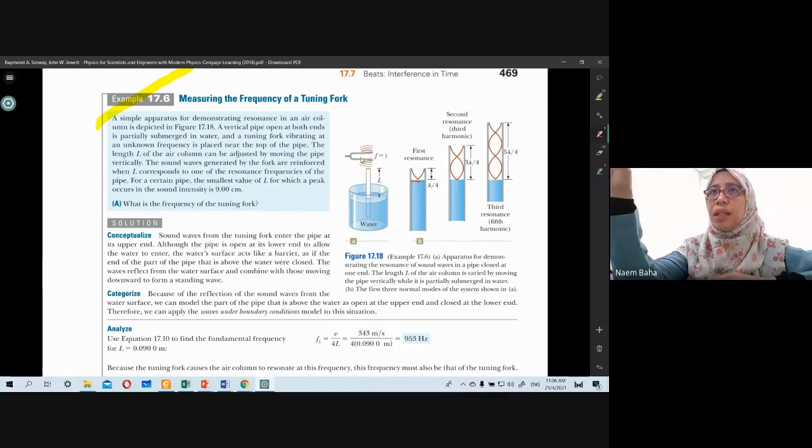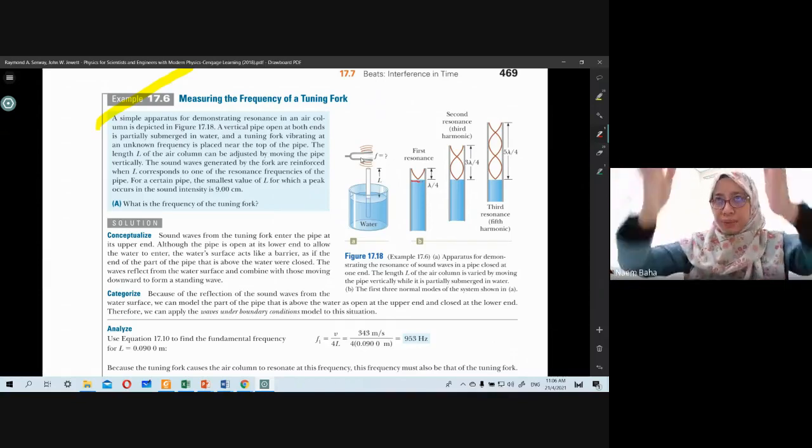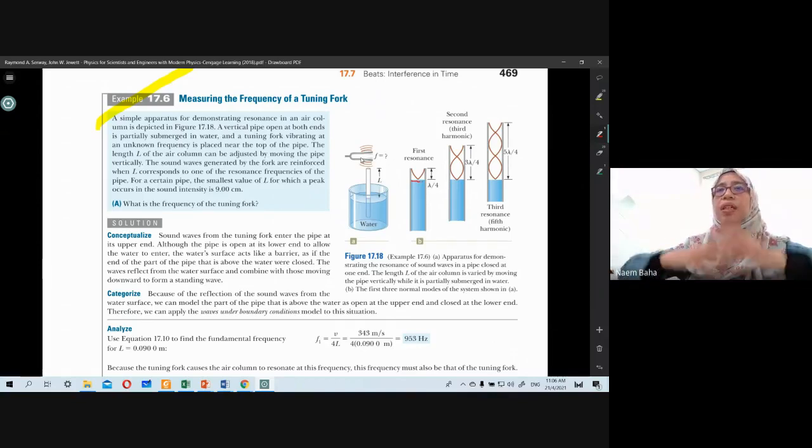But the moment it matches with the length of the air column, if you manage to get the right length, then you will find that the sound gets amplified. So ting, ting, a bit harder. It sounds something like that, okay?